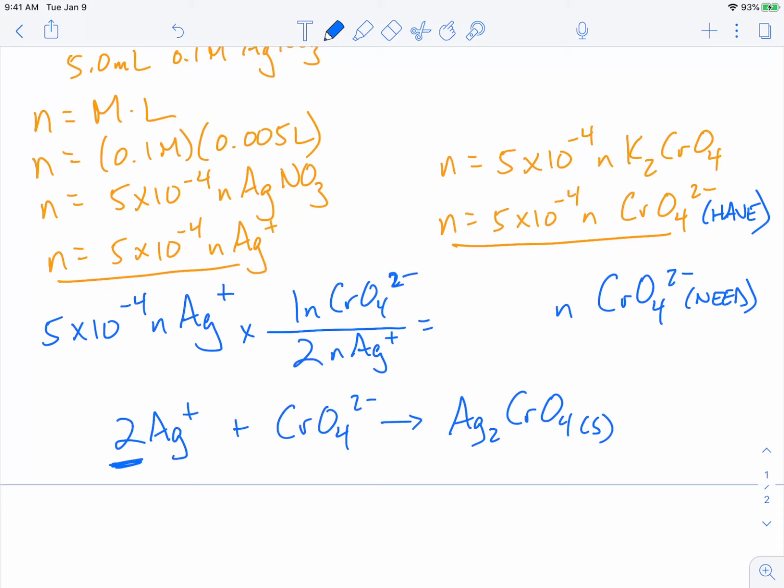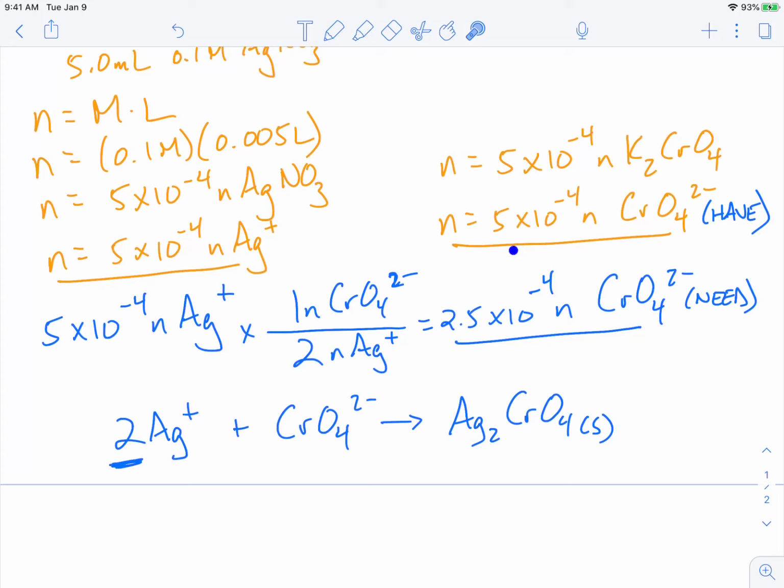So what we have next is to do our calculation here, and we come up with 2.5 times 10 to the minus 4th moles of chromate ions that we actually need. So we need 2.5 times 10 to the minus 4th moles of chromate ions, and we have way more than that. We have twice as much as what we need.